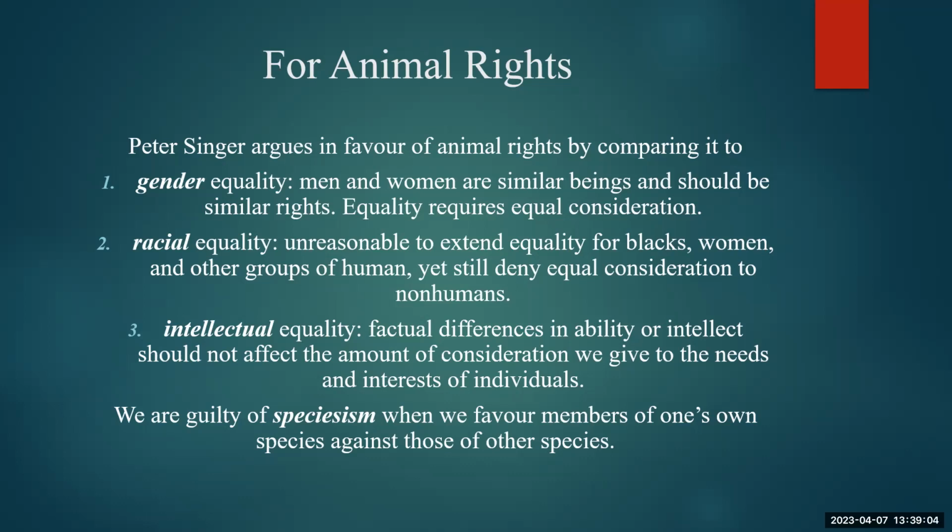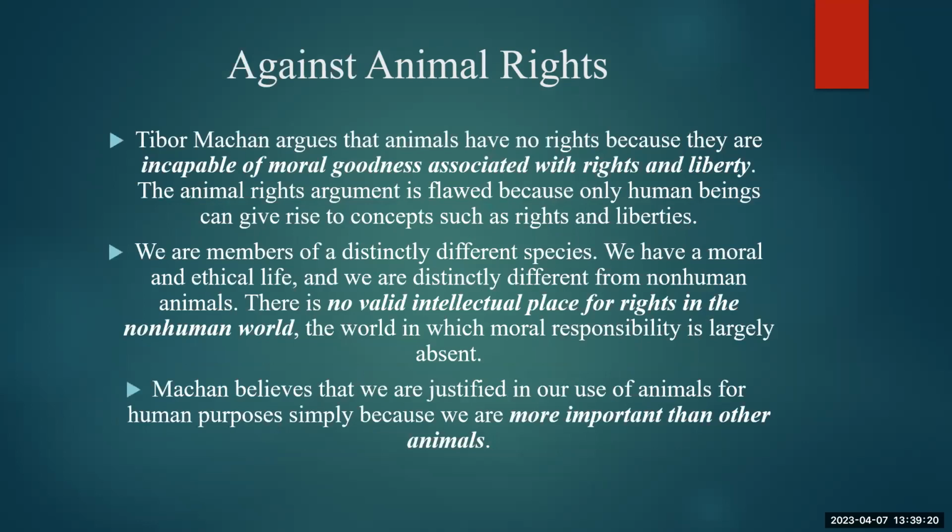So Singer's saying, if we don't put some thought into it, with our behavior as it presently is, we are guilty of speciesism, and that's what he means. And so he makes an argument based on the equalities that we presently have in society to argue in favor of animal rights.